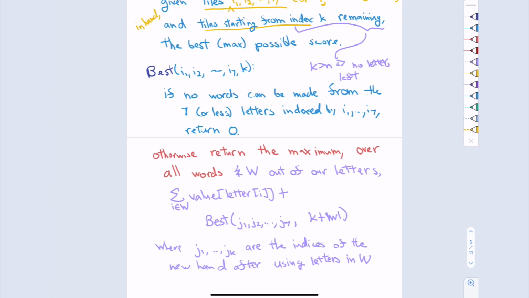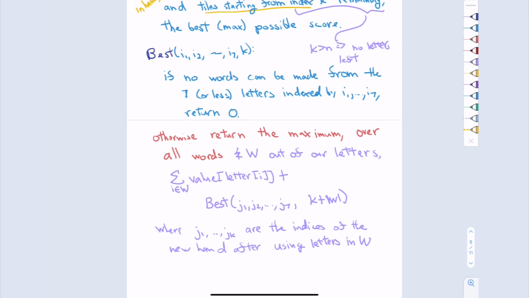I think you guys already feel and appreciate this, but I just want to make it explicit. Ultimately we're relying on induction. I'm assuming that for any subproblem, I'm going to solve the problem correctly by induction.